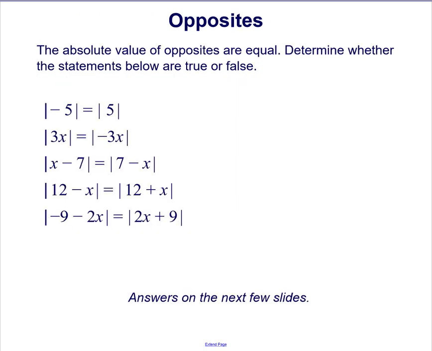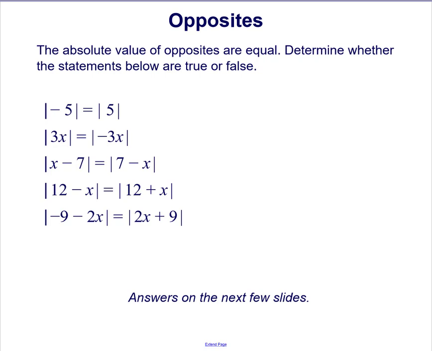Let us determine whether these statements are true or false. Take a moment and determine if these 5 statements are true or false. Is the absolute value of -5 equal to the absolute value of 5? Is the absolute value of 3x equal to the absolute value of -3x? Is the absolute value of x minus 7 equal to the absolute value of 7 minus x?